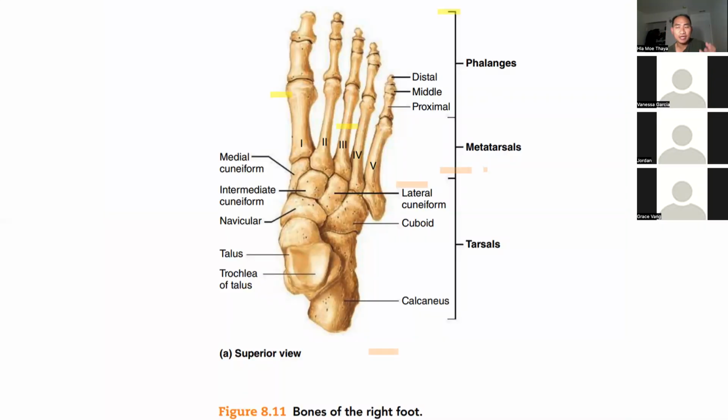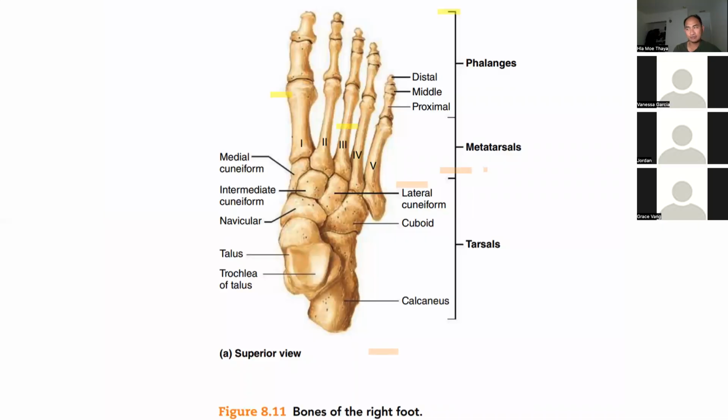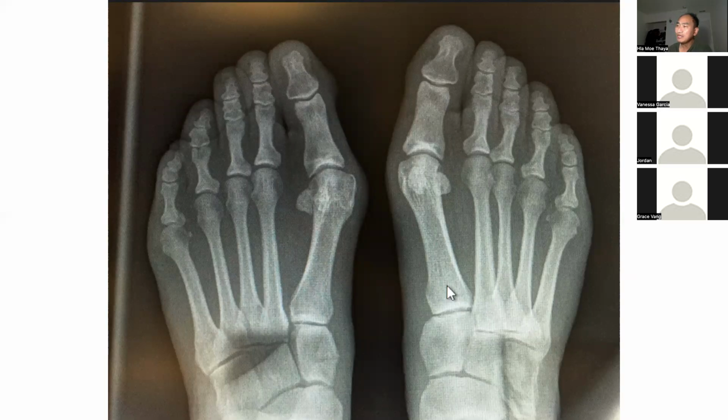So I don't want you to get anxious just because you see this picture, because it is the same as this one. Of course, one is the drawing diagram and the other one is the X-ray.